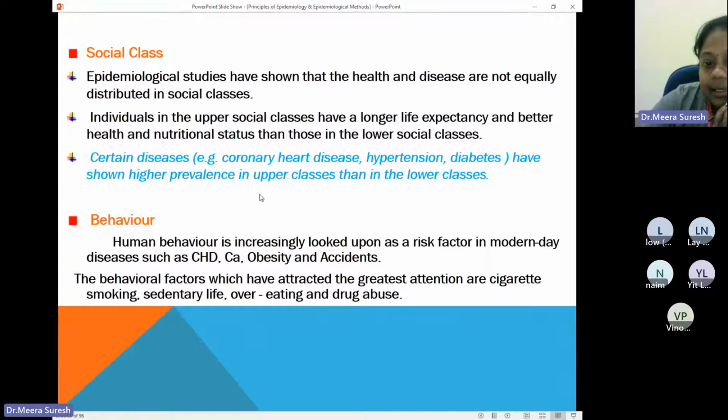Certain diseases, for example CHD and hypertension, have shown higher prevalence in upper classes than in the lower classes. Notice this sentence, because when we go later to other slides, you can see some opposite statements also coming up. Then based on behavior, that is their habits like alcohol, smoking, sedentary life, overeating, and drug abuse, it can also affect the incidence of a disease.